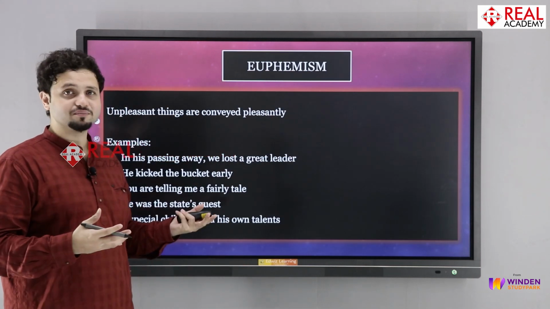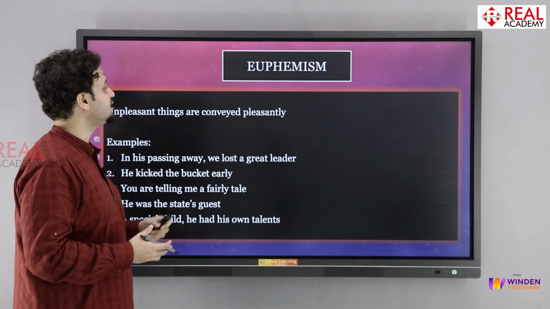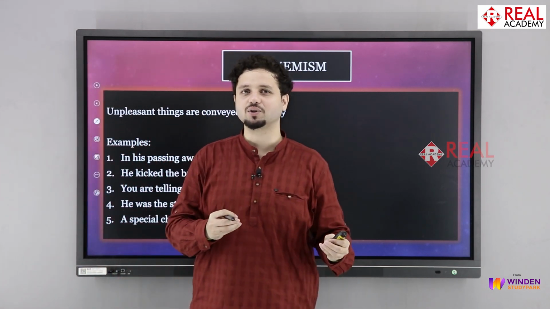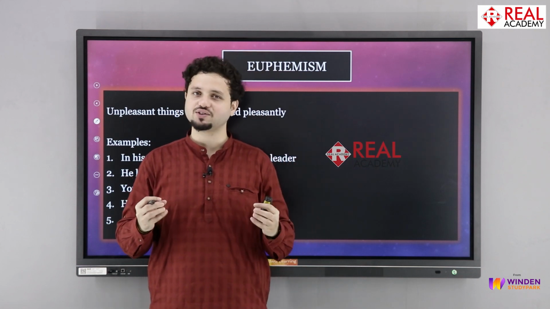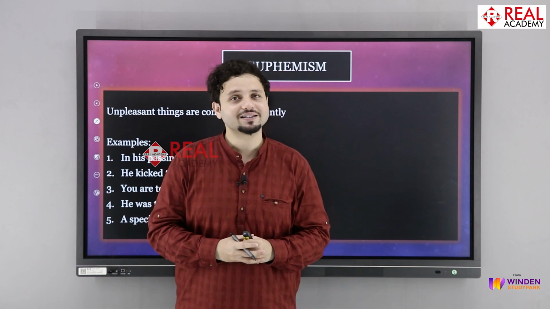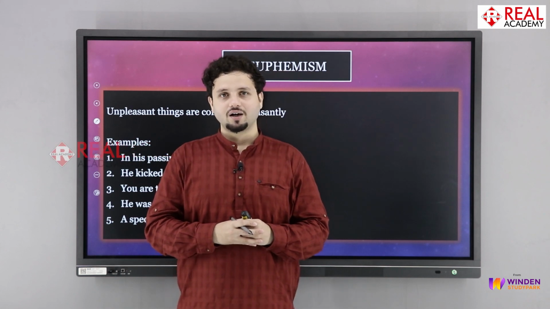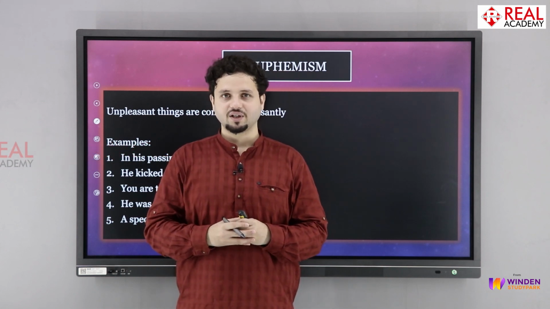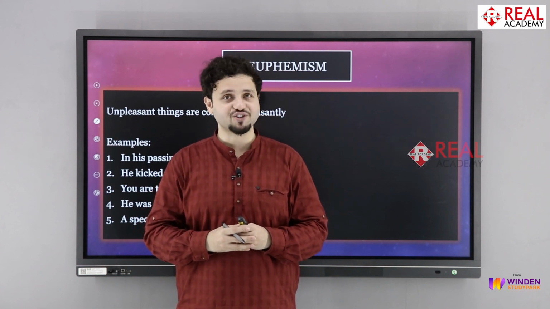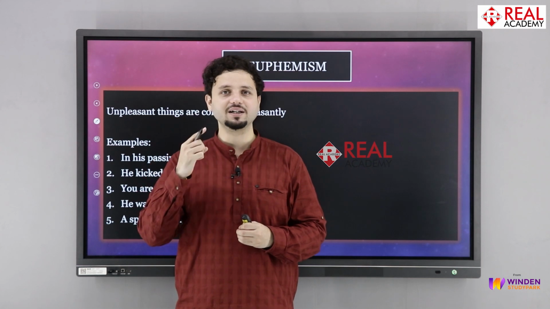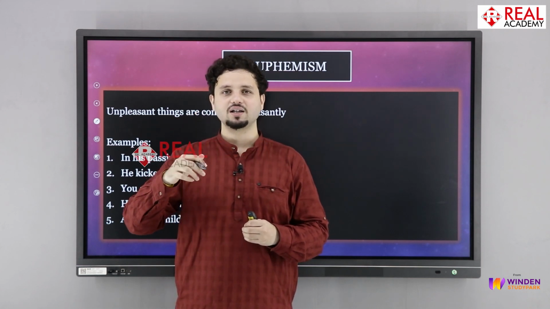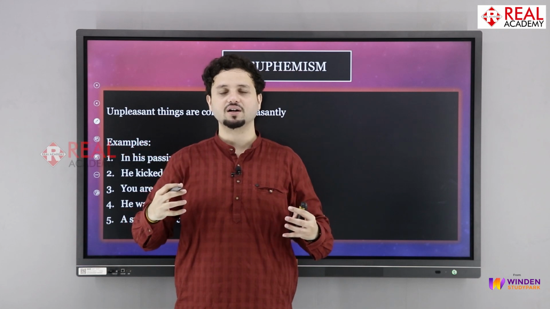Next we have euphemism, which means unpleasant things are conveyed pleasantly. जो भी चीजें unpleasant है, सुनने के लिए अच्छे ना लगते हो, वो pleasantly बताया जाए, then that is called as euphemism. For example, if I say in an accident a man fell down, his legs were amputated, his spinal cord was fractured, his head was bleeding, there was a rod in his eye, his entire body was bleeding.